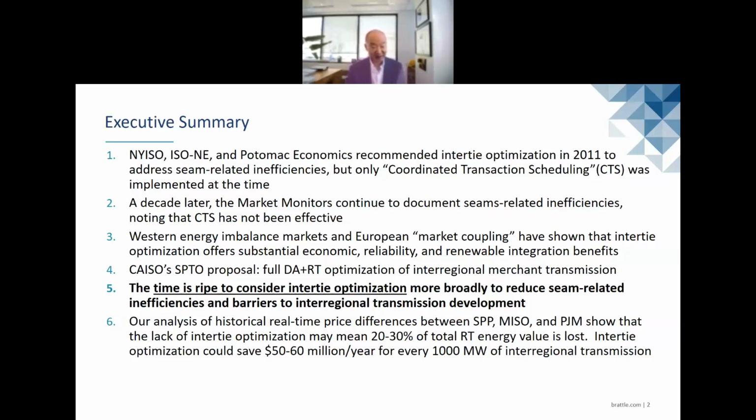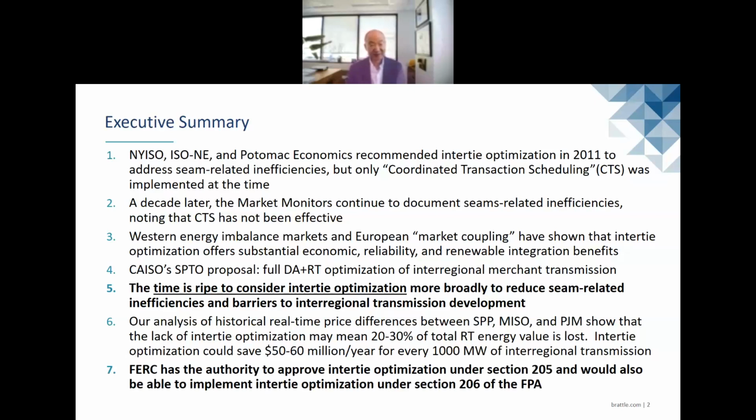The absence of intertie optimization may mean that between 20 to 30% of total real-time energy value is lost, and that in contrast, implementing intertie optimization could save ratepayers $50 to $60 million per year for every 1,000 megawatts of interregional transmission. And very helpfully, FERC has the authority to implement intertie optimization either under its Section 205 authority in the Federal Power Act or its Section 206 authority.